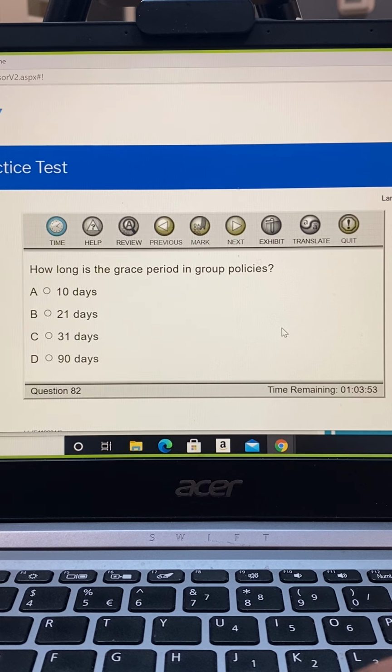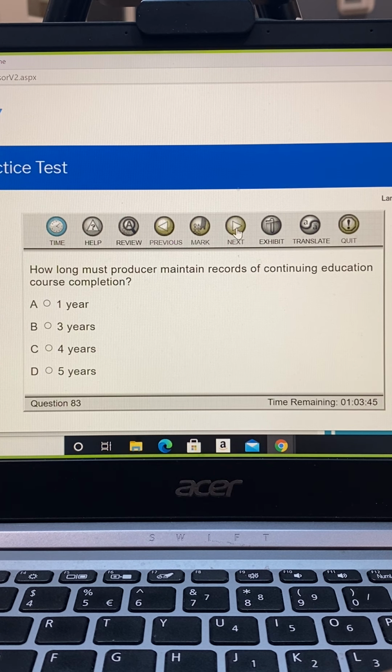How long is the grace period in group policies? It's 31 days. Yeah, I think it's 31 days either way. How long must a producer maintain records of continuing education course completion? 4 years. No one whose license has been revoked can receive another license in Texas for 5 years.